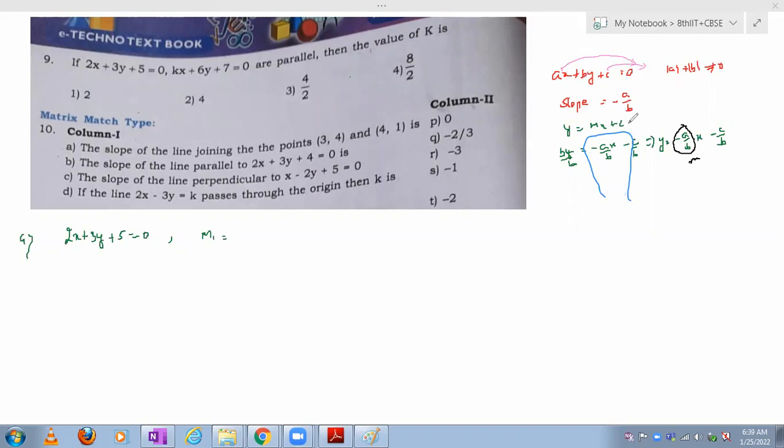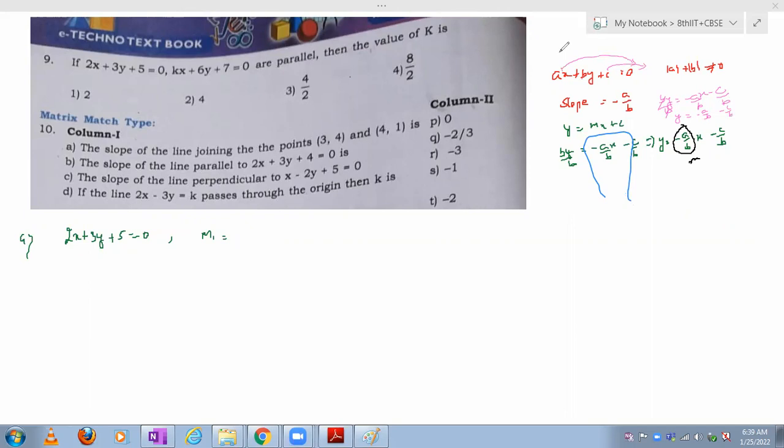When I brought them to the right hand side, by becomes equal to minus ax minus c. Then I divided both the sides, right hand side and left hand side, so b cancels here. Then y becomes equal to minus a by b x minus c by b. That's all I wrote here.